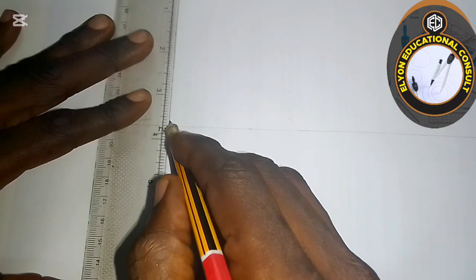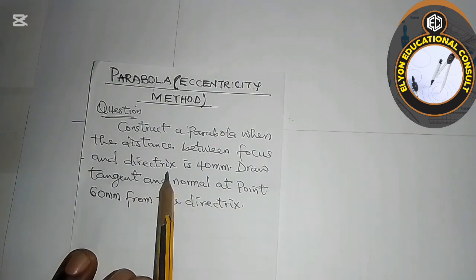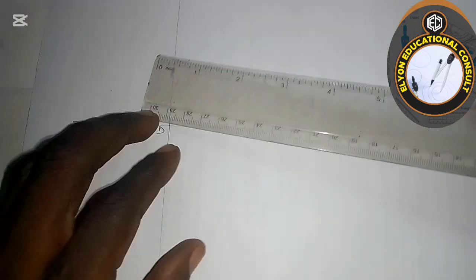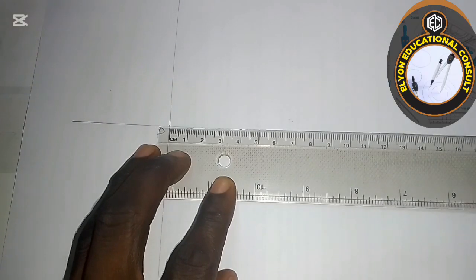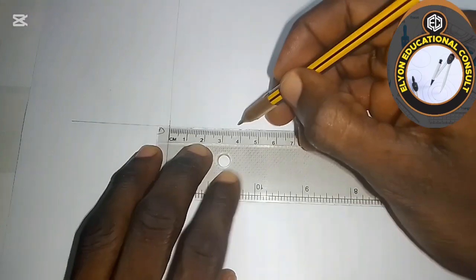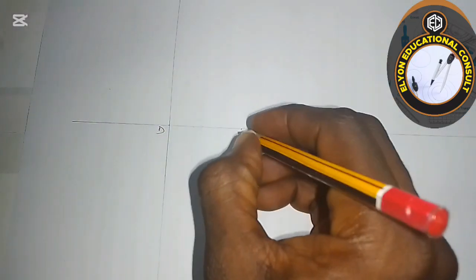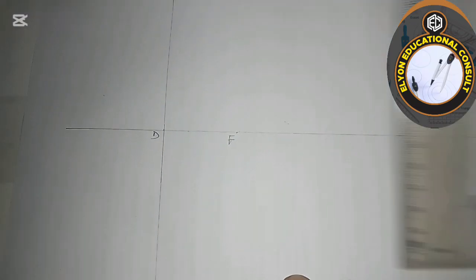Now we are given the distance of the focus from the directrix to be 40 mm. So I'll measure 40 from the directrix, and let's call that F to represent the focus.